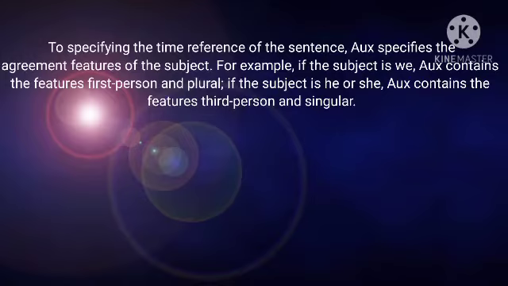For example, if the subject is we, auxiliary contains the feature for first person and plural. If the subject is he or she, auxiliary contains the features third person and singular. So another function of the syntactic rules is to use auxiliary as a matchmaker between the subject and the verb.